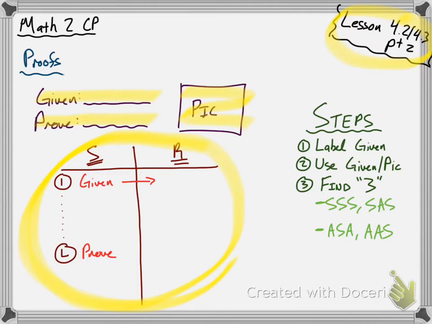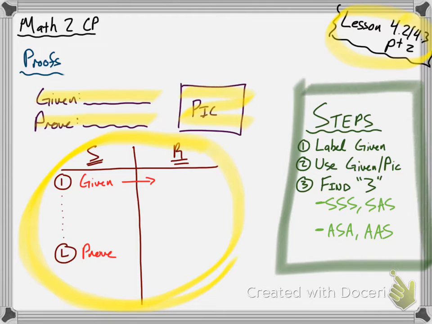Now, there are 3 steps that we're going to follow for our proofs in chapter 4. And the steps are going to be: first, label the given. That's the first thing you should do, is get that given in your proof, take those easy points.